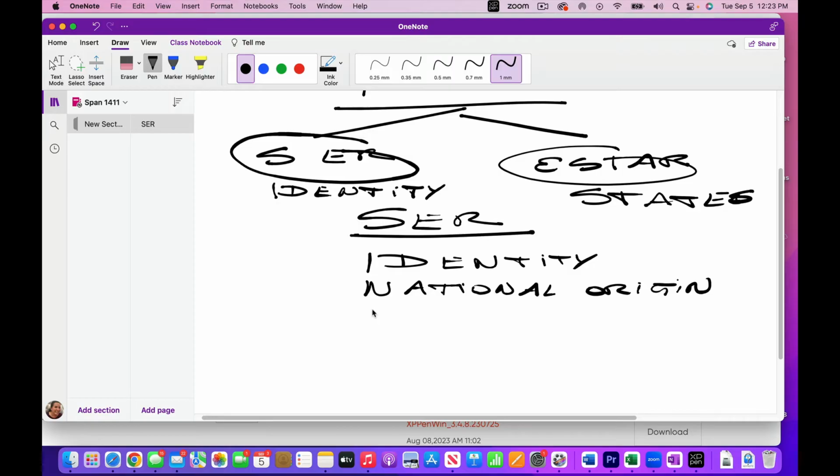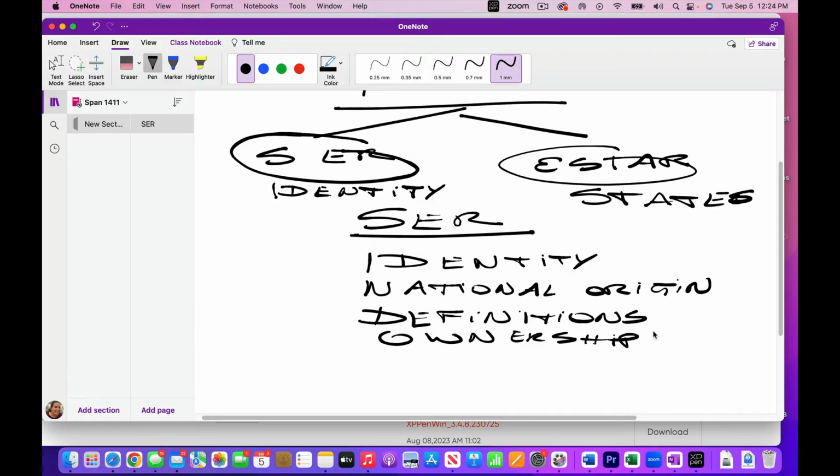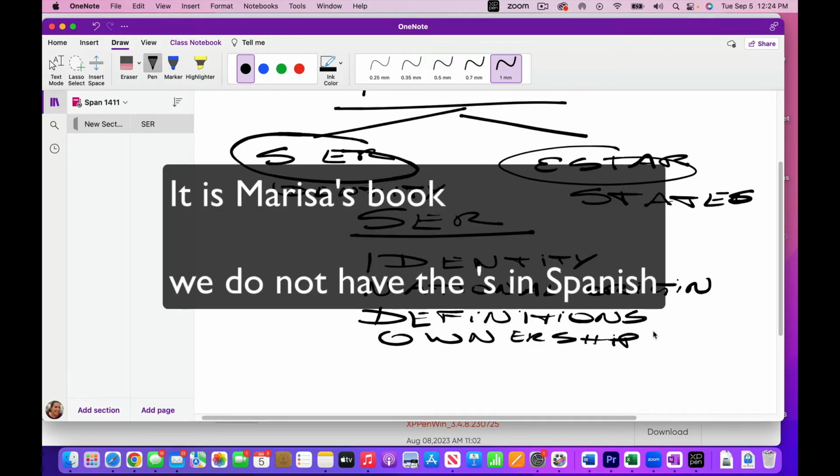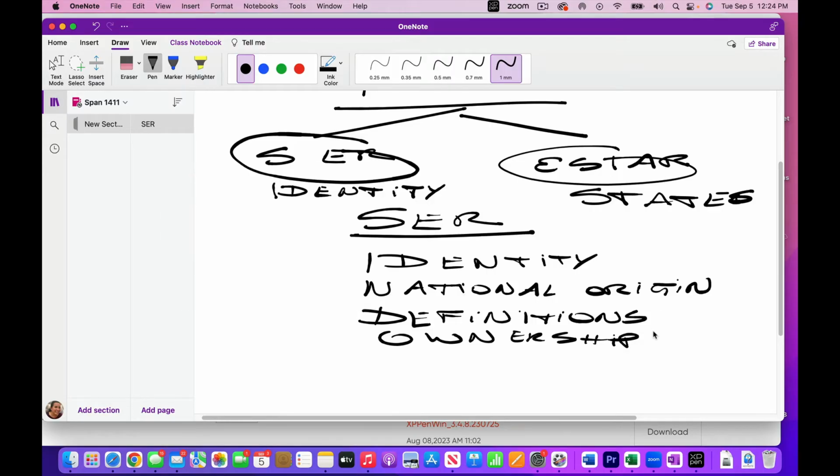You will use ser for definitions. So when we talk about things, we can't talk really about an identity, but we can talk about definitions, as in, what is this? It is a computer. So that's a definition, we use ser for that. Ownership. If something belongs to somebody, in Spanish we don't use that apostrophe s that we use in English. Instead, we use the words to be of.